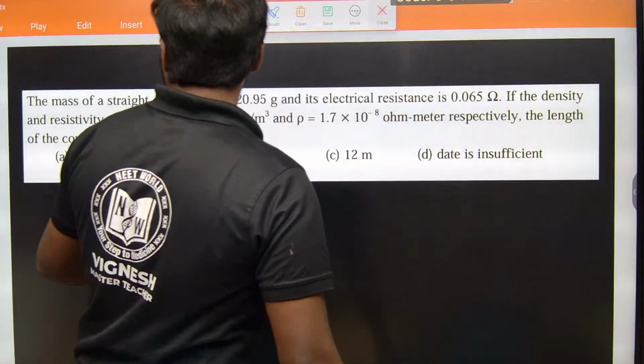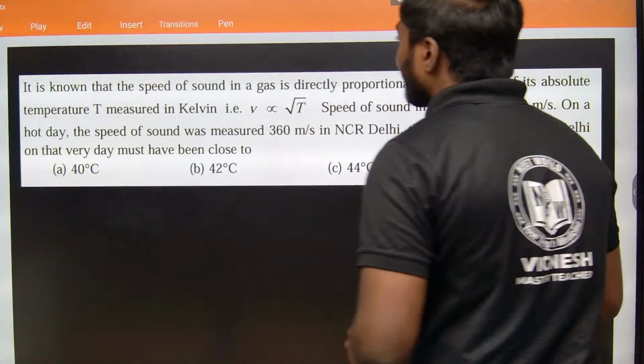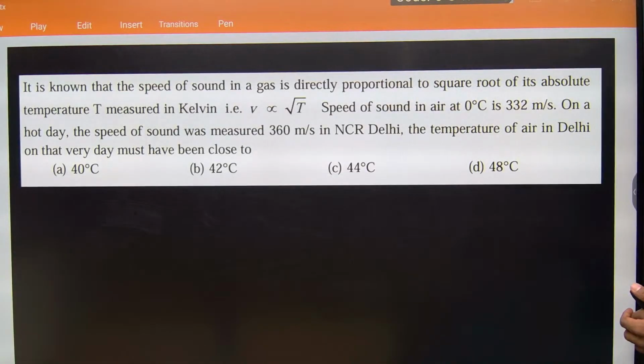Okay, so the next question is: it is known that the speed of sound in a gas is directly proportional to the square root of its absolute temperature T measured in Kelvin, that is V is directly proportional to root T. Speed of sound in air at 0 degree Celsius is 332 meter per second.